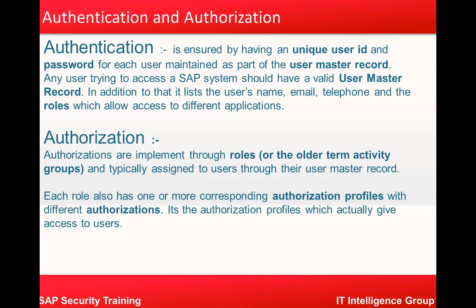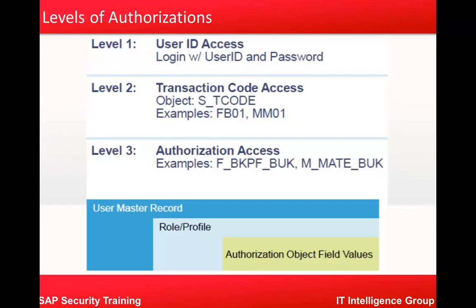So these are the two most important terms in SAP security. Authentication is giving the user access to connect and log into the system, and authorized means being able to perform transactions.